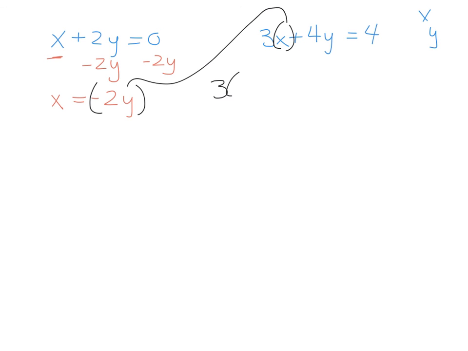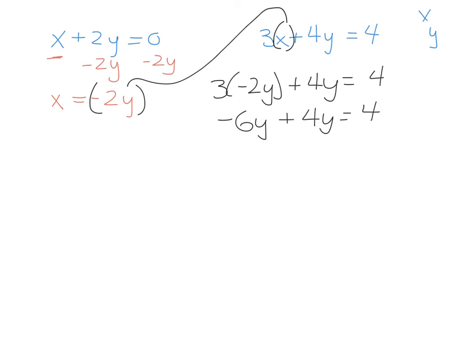I have 3 times negative 2y plus 4y equals 4. Negative 6y plus 4y equals 4. Negative 2y equals 4. Divide by negative 2. So my y is negative 2.